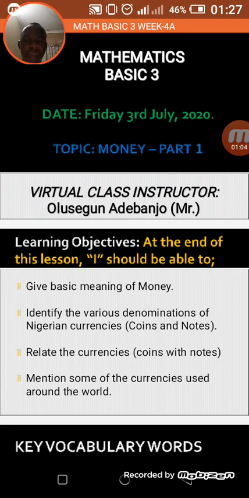Identify the various denominations of Nigerian currencies, that is, coins and notes. 3. Relate the currencies, that is, coins with notes. 4. Mention some of the currencies used around the world.